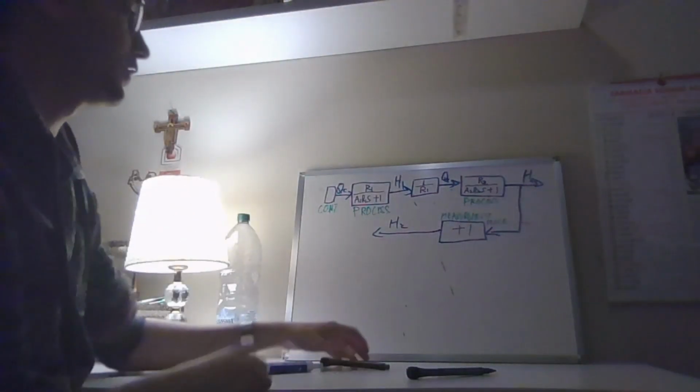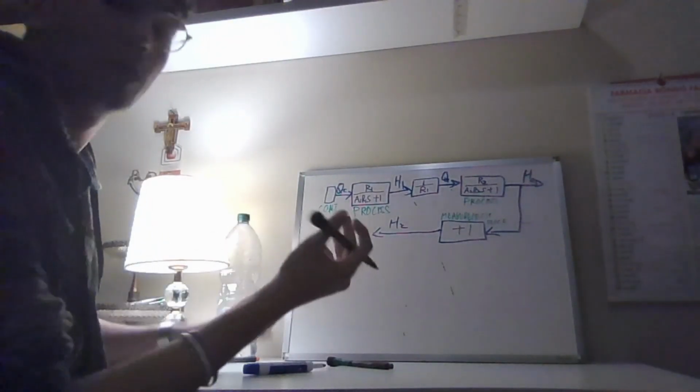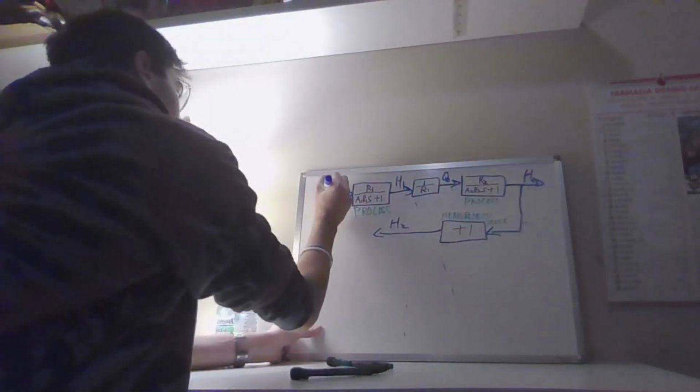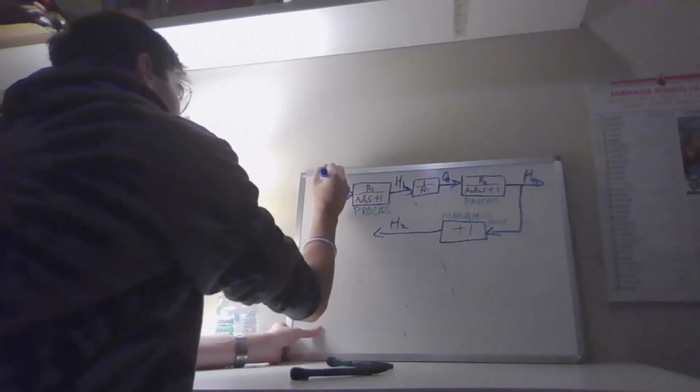Controller. And of course, before it goes into the controller, what goes into it is what we were talking about earlier, E, or epsilon. And why is that?